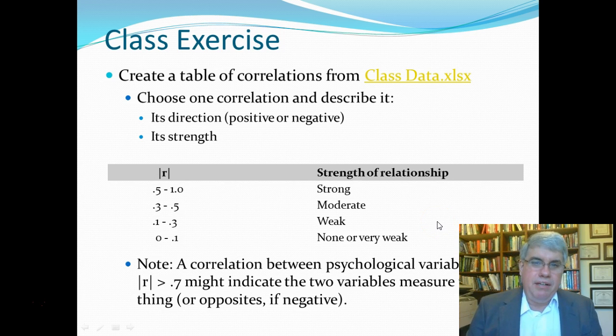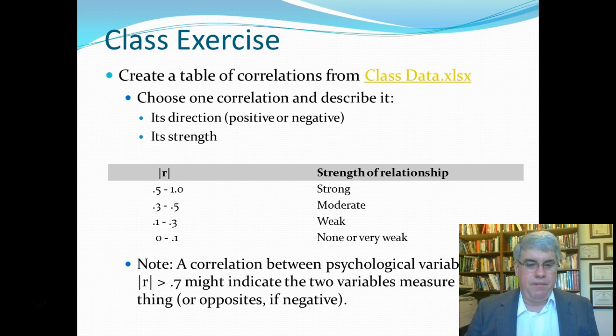Now, a general rule in psychology is that whenever we have variables that are very strongly related to each other, the absolute value of r is greater than 0.7, so like if something was minus 0.8 or plus 0.8, the two variables might be measuring the same thing. It's like if we were measuring extroversion and talkativeness and they came out really strongly correlated, then we might say, ooh, I wonder if those two things are the same thing.